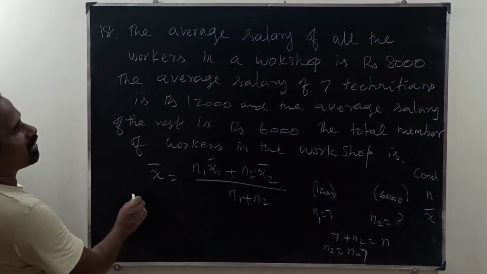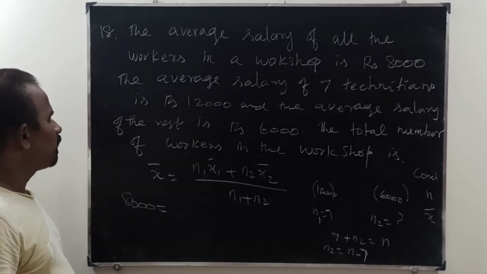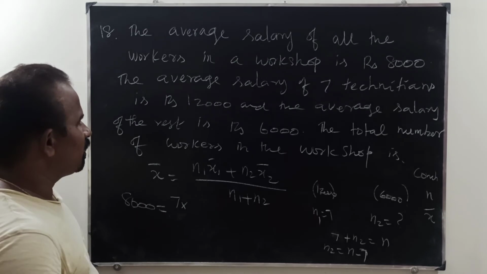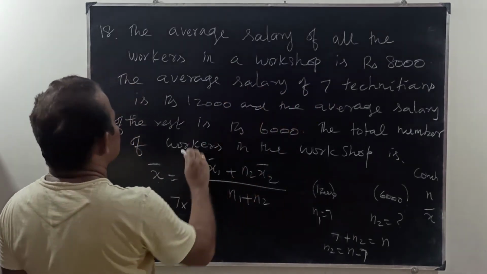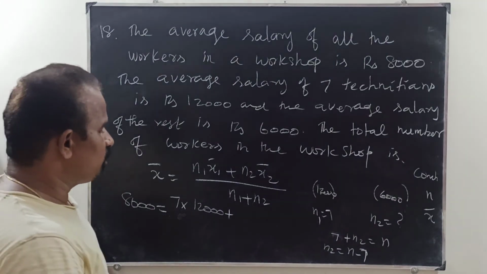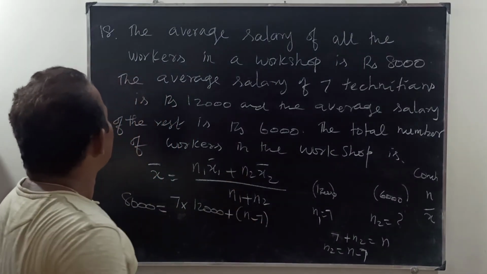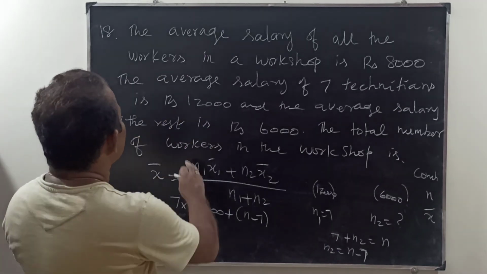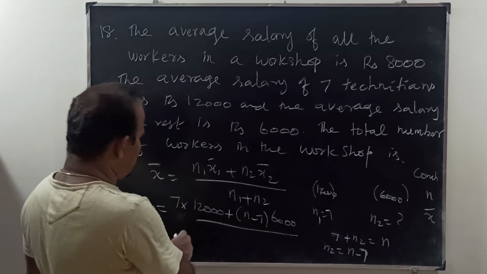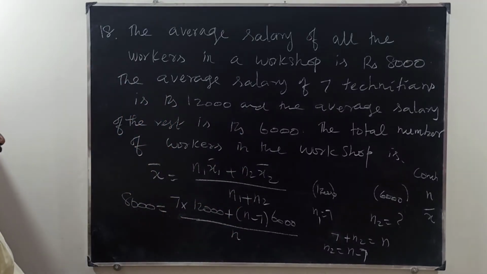So x bar is equal to 8,000, which is equal to n1 is 7, average 12,000, so 7 into 12,000, plus n2, which is n minus 7, with average 6,000, divided by n1 plus n2, which is n.